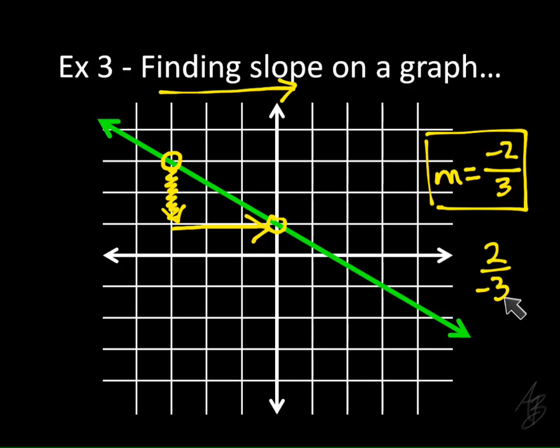Why not? What's wrong with this? There's a negative on the bottom. So if you do that, then all you need to do is put the negative on top and write it as negative 2 over 3. That means the same thing. Okay, so even if you go the wrong way, you get the right answer. Sorry, Chris. But you need to make sure that you write it in an acceptable way.